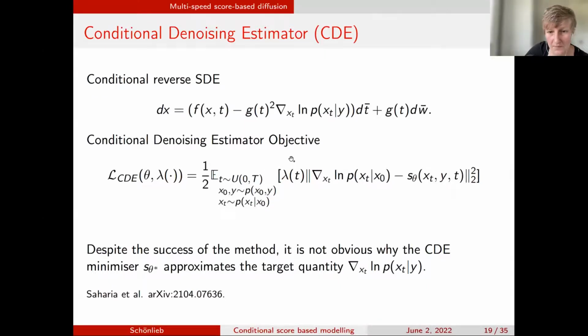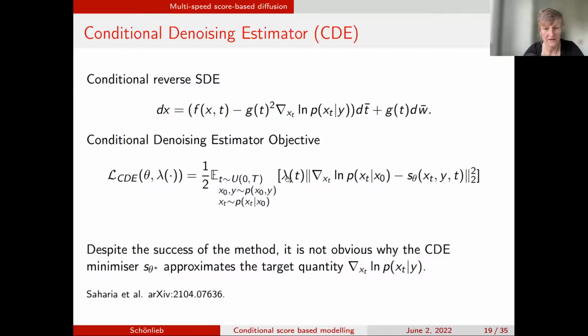The only place where the distribution of the samples that you want to condition on comes in is in how you sample for taking your expected value here. In the objective itself, if you just look at it for a moment, it doesn't contain a condition on y at all.